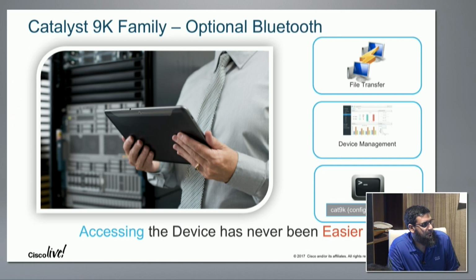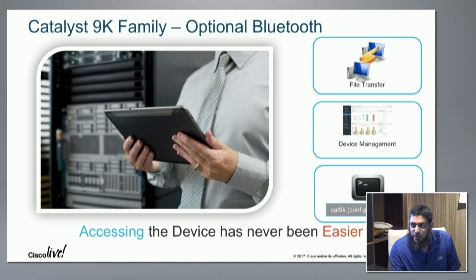Okay. So as a network engineer, I always carry a console cable in my bag, right? If you look at my bag right now, it has a console cable in it, or two probably. With the Catalyst 9K, you can probably throw your console cables away because we are putting this optional Bluetooth capability in the system, which means you can use your Bluetooth wireless device to connect to the system and get to the console.